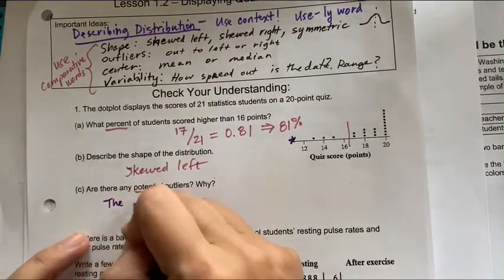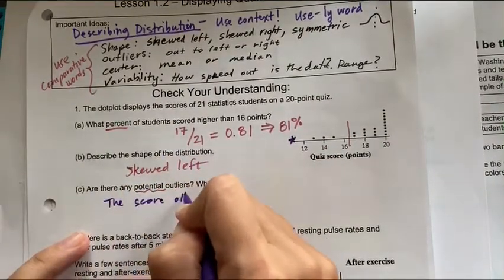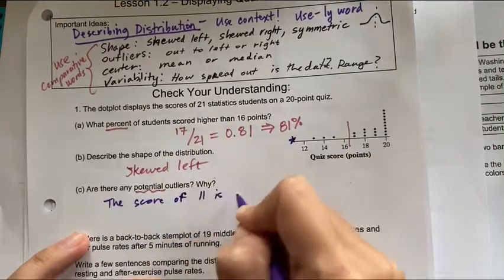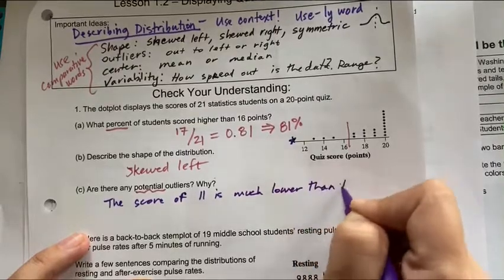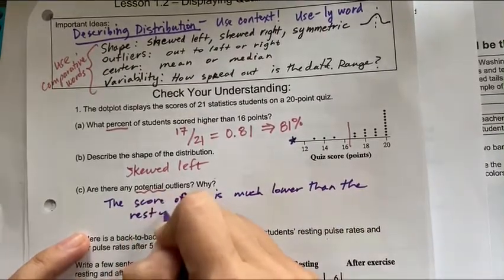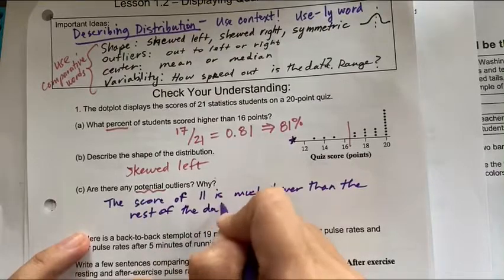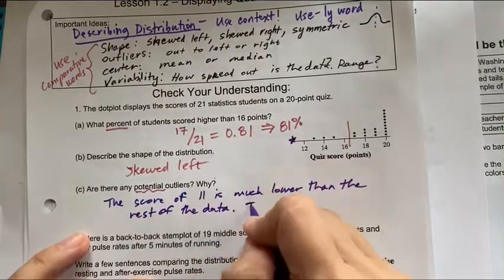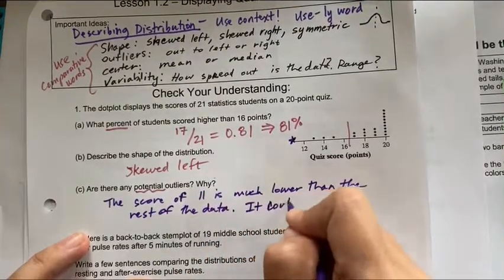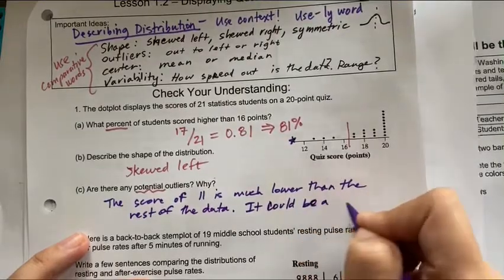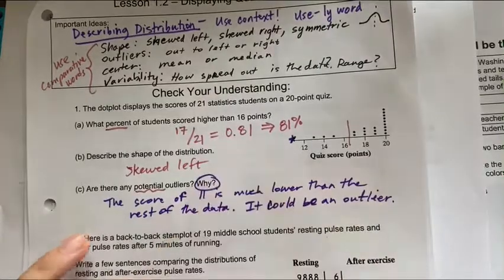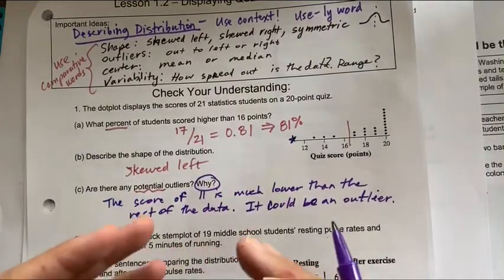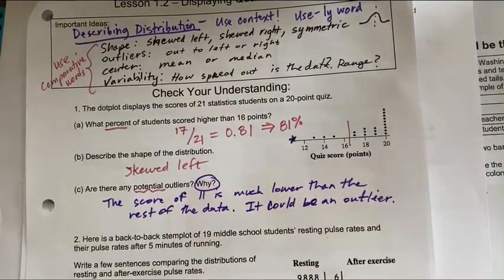So I would say the score of 11 is much lower than the rest of the data. So it could be an outlier. Why did I write all that? Well, it said why. It's a math class and an English class. I have to say why. I can't just stop there.